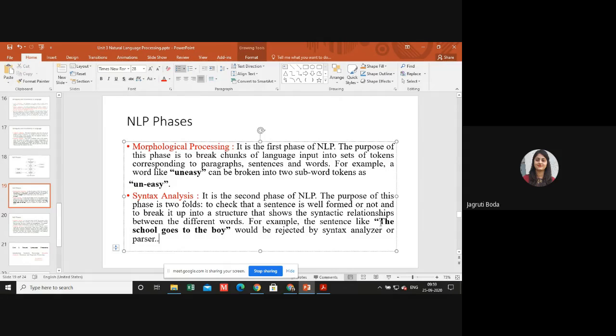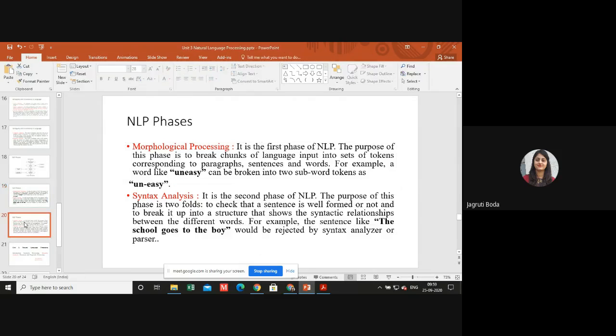So you can see here, "the school goes to the boy" is the incorrect sentence, so the syntax analyzer or parser rejects it because the sentence is not properly formed. Okay, so the first phase is to tokenize the words, then the syntax analyzer checks the formation of your sentence.